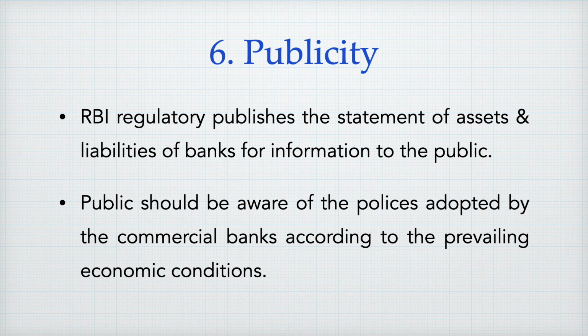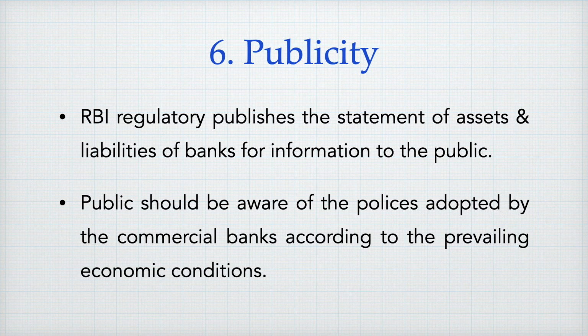So we have completed the 5th point, regulation of consumer credit. Moving on to the 6th one, publicity. The RBI regulator publishes the statement of assets and liabilities of banks for information to the public. So every now and then, maybe quarterly, half yearly or annually, whatever decisions the RBI takes in the interest of the public economy, it has to make public.